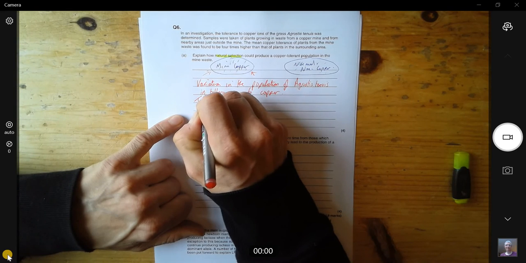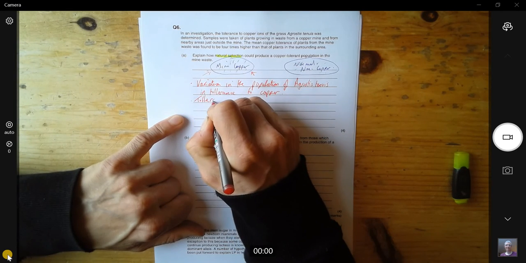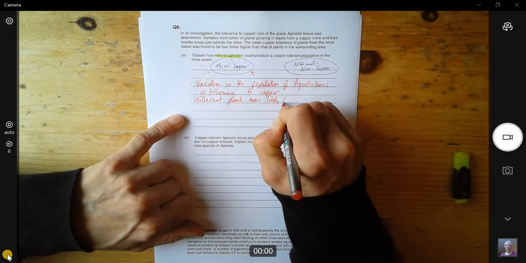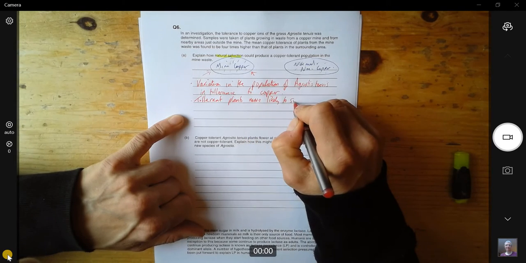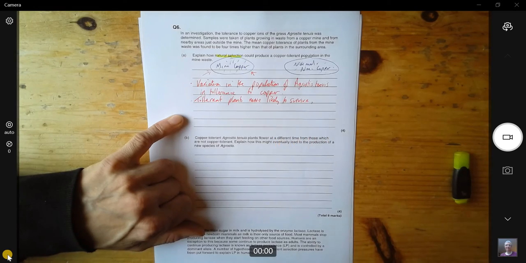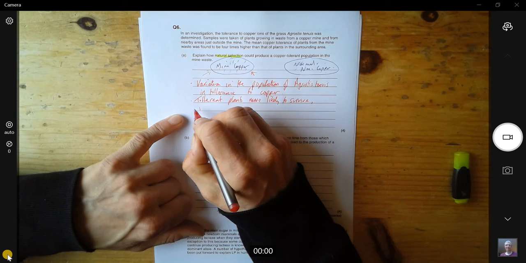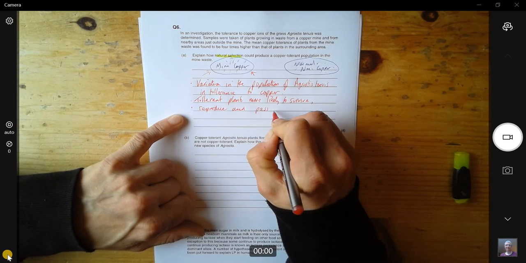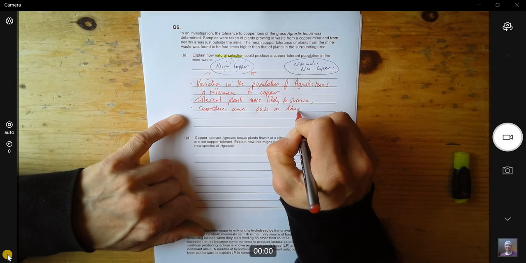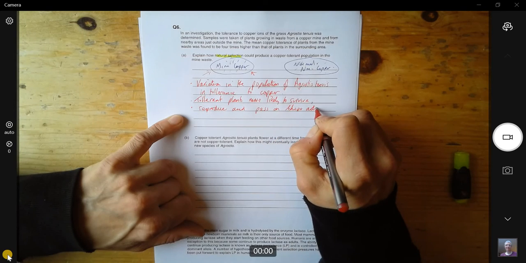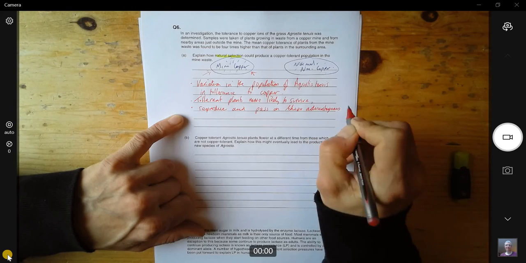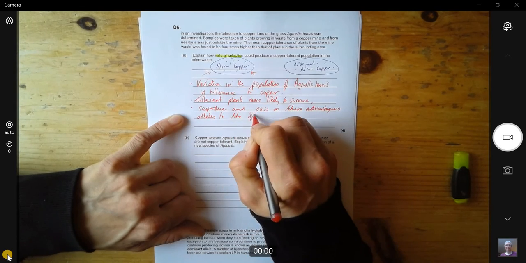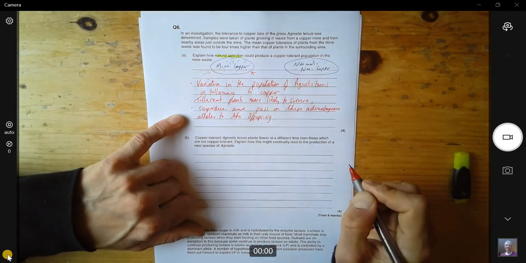So tolerant plants more likely to survive, reproduce, and pass on those advantageous alleles to the offspring.